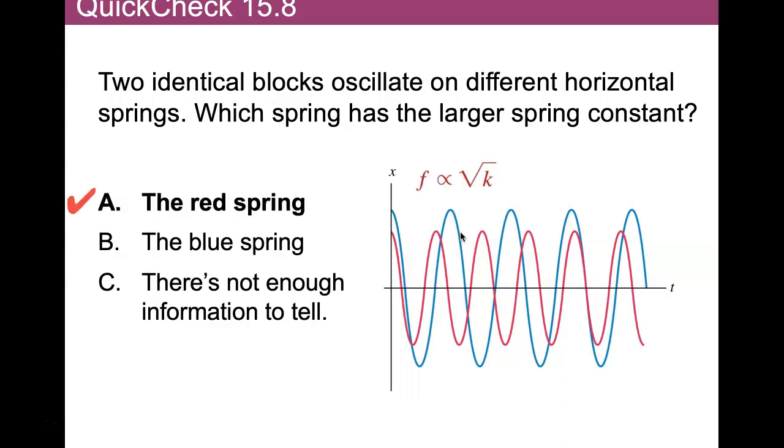So that's the answer, right? We know that the frequency is proportional to square root k, and clearly the red one has more cycles in the same amount of time. It has a higher frequency, a shorter period, so it should have a larger spring constant for the same mass.